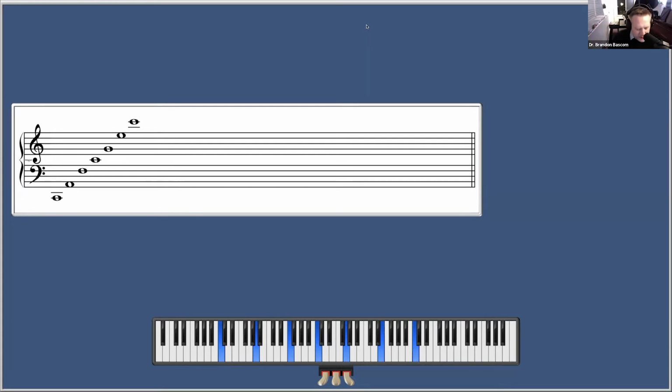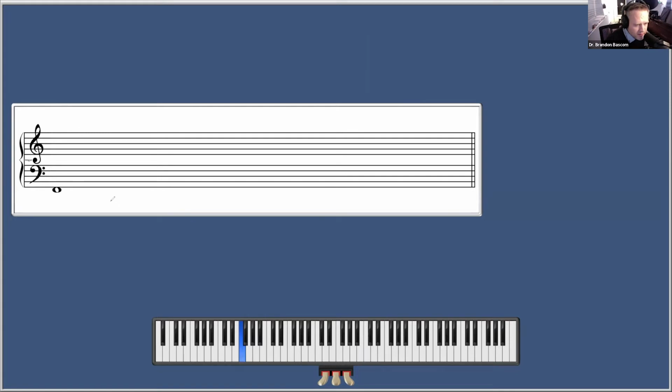Let's quiz you really quick. What's the closest home note to that note right there? Top space E, skip down, so skipping D, and I get C. E, skip D, and I get C. Let's do another one.